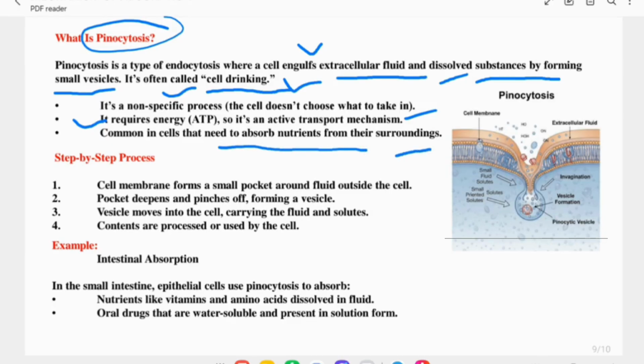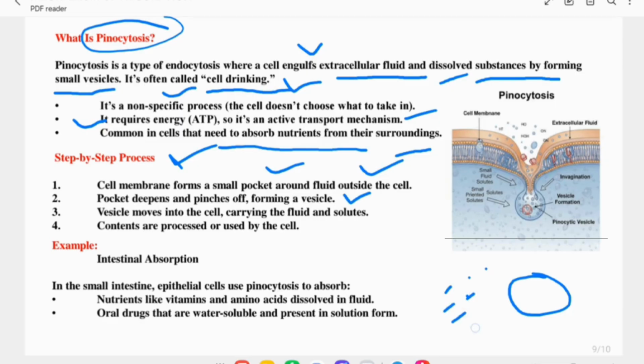So here we can see the step-by-step process. First the cell membrane forms a small pocket around the fluid outside the cell. Then the pocket deepens and pinches off, forming a vesicle. For example, assume that here there is a cell and there is extracellular fluid present outside the cell.